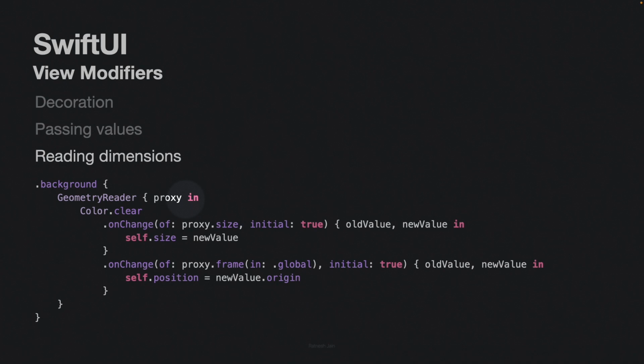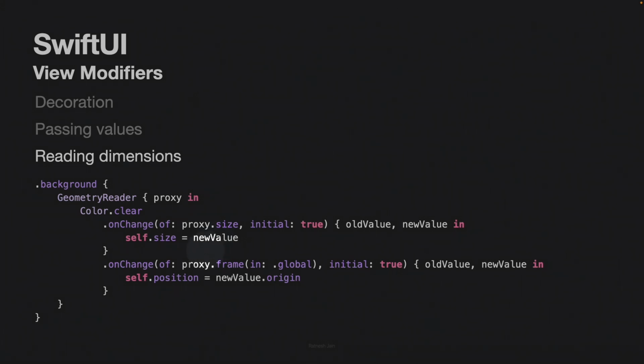I am using clear color so that the look of the UI doesn't change, and we are applying another modifier, onChange of proxy.size. We are also passing the initial value so that we will get the notification from the start. We have these two values, old value and new value, and we are just assigning size to the new value, so we will take the latest one.